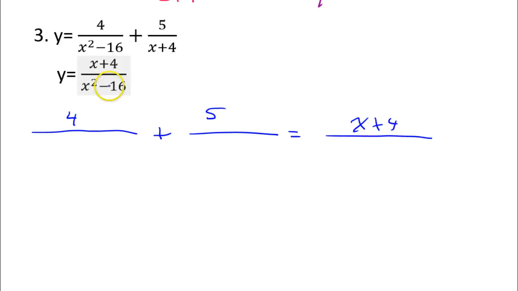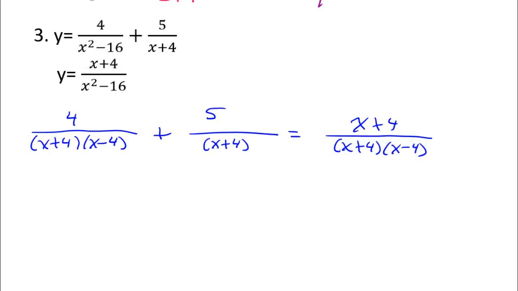So I'm setting these equal to each other, but I'm going to factor this. So x squared minus 16, that's x plus 4 times x minus 4. And then, alright, I've got the x plus 4 here. And again, with the x squared minus 16, x plus 4, x minus 4.